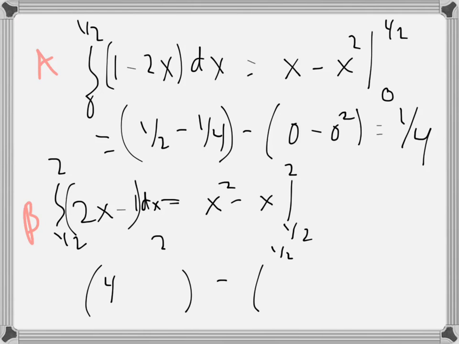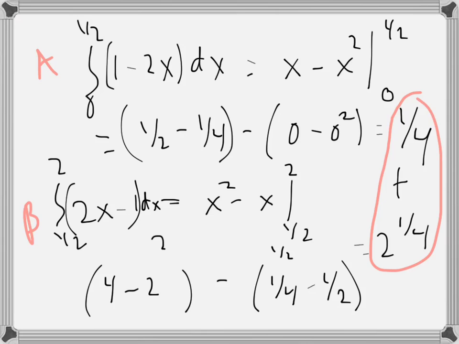So this will be 4 minus 2 minus 1/4 minus 1/2. So that's 2 plus 1/4. So here I got 2 1/4. When I add those two answers together, the final answer comes out to be 2 1/2.